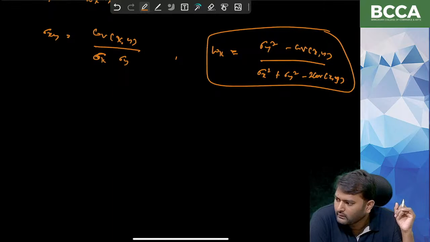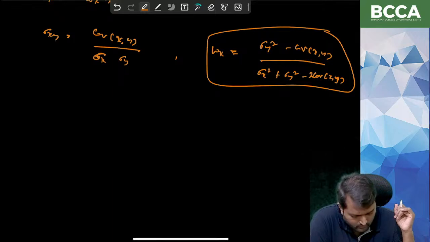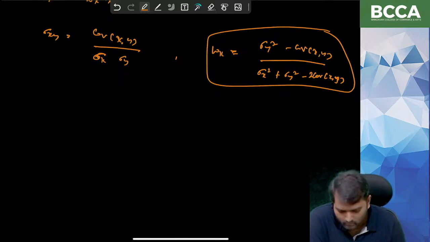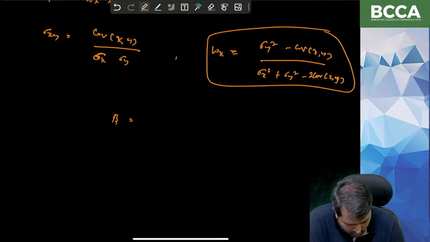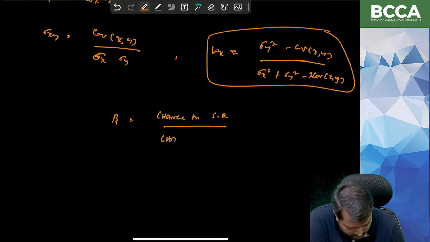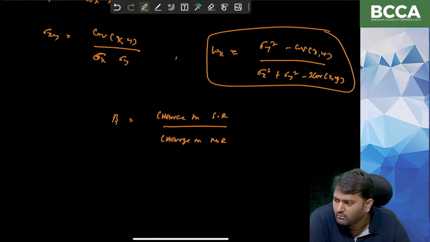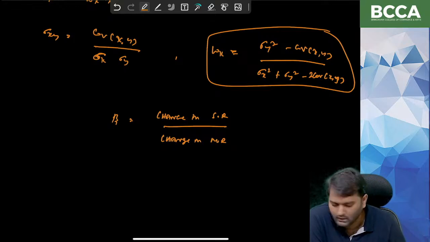Are you getting my point? Done? So beta formula: when only 2 periods of data are given, beta is equal to change in security return divided by change in market return.